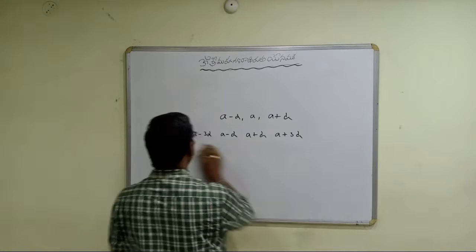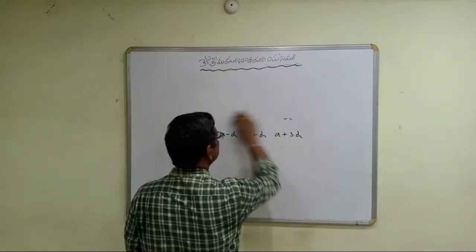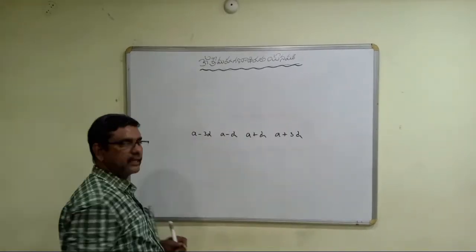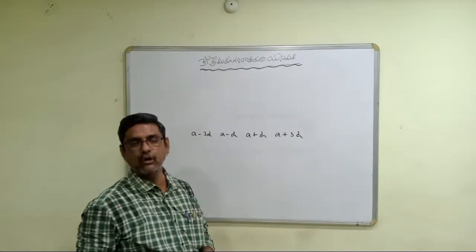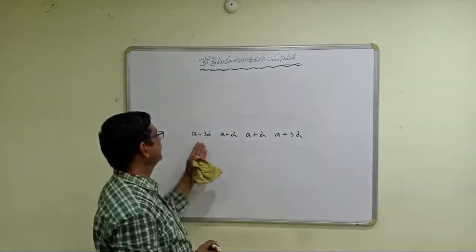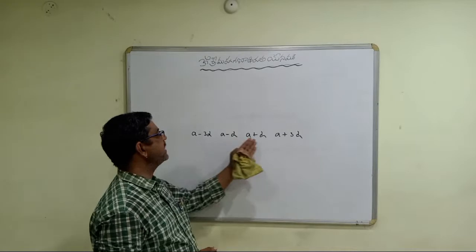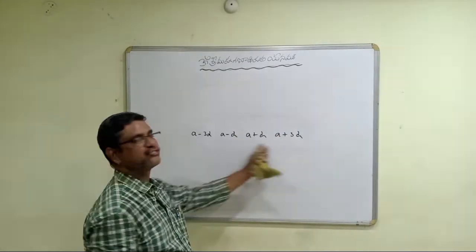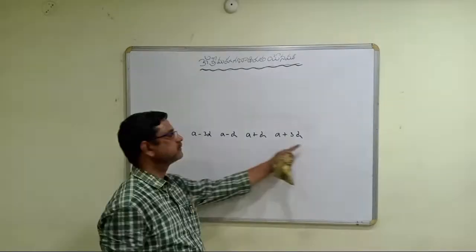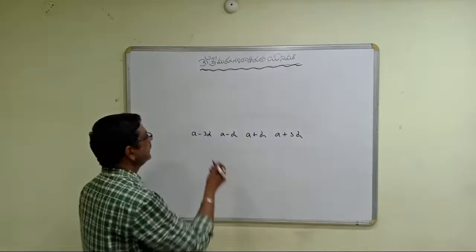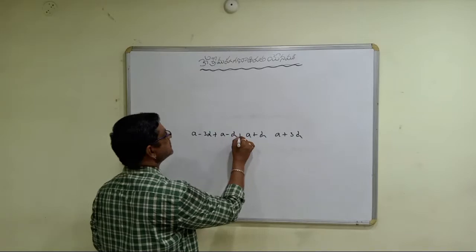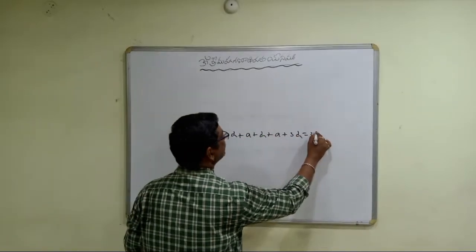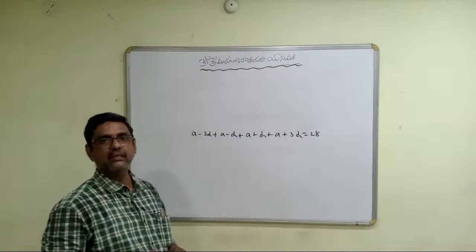Now, the morning problem I gave in the test. There is an AP in which the first four terms are a minus 3d, a minus d, a plus d, a plus 3d, if I am taking like this. Now it is given that their sum is 28.